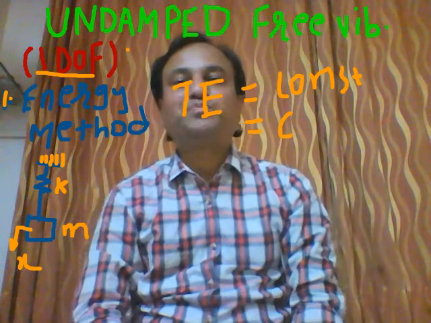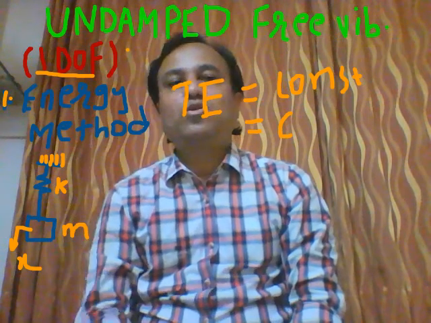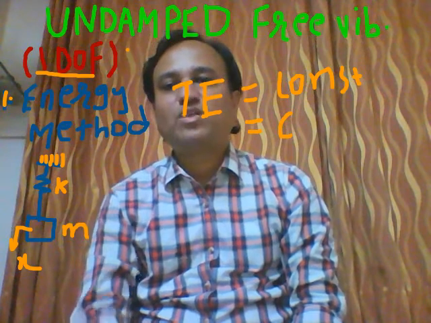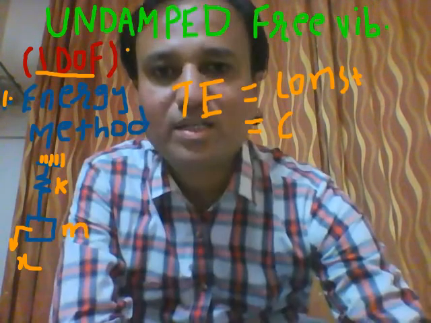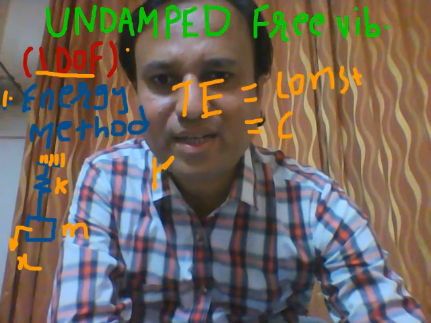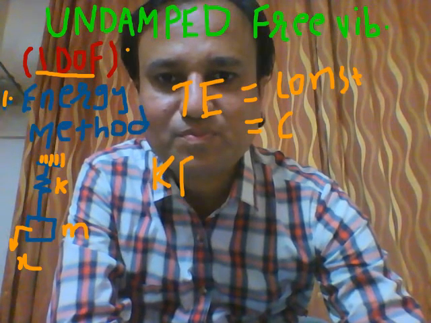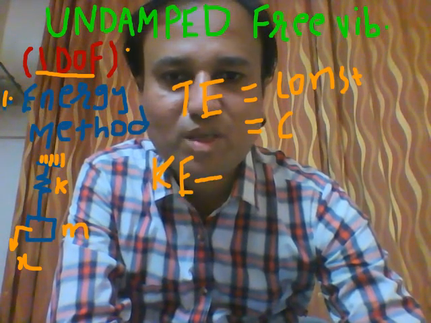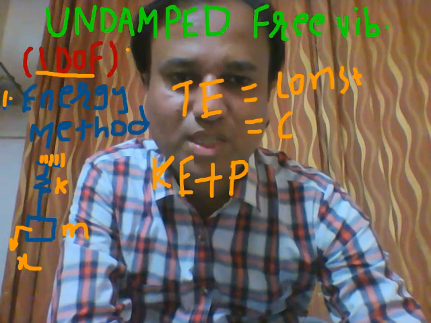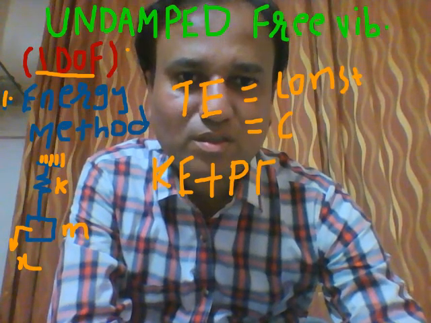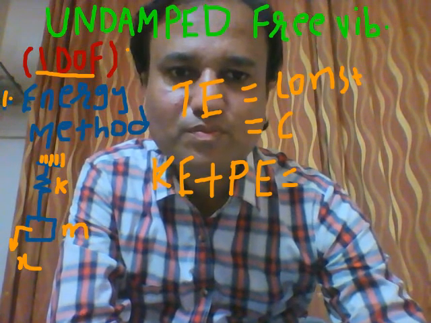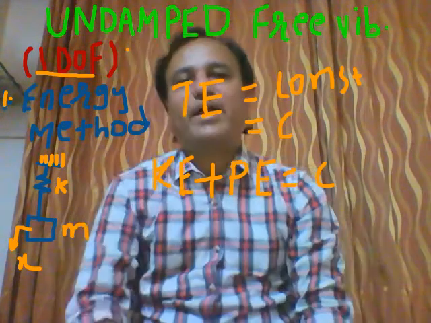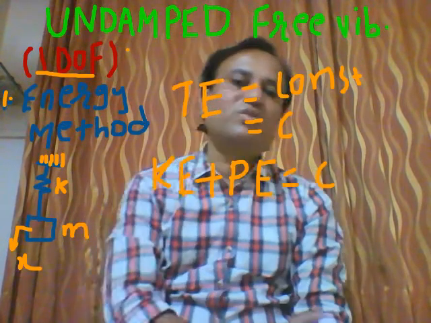Now students, the total energy associated with this spring and mass system will be kinetic energy of the system plus potential energy of the system. So kinetic energy plus potential energy is equal to constant.